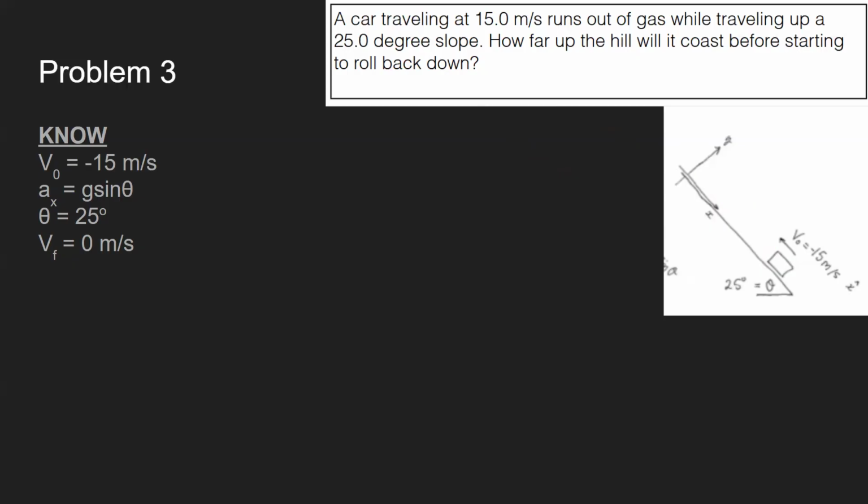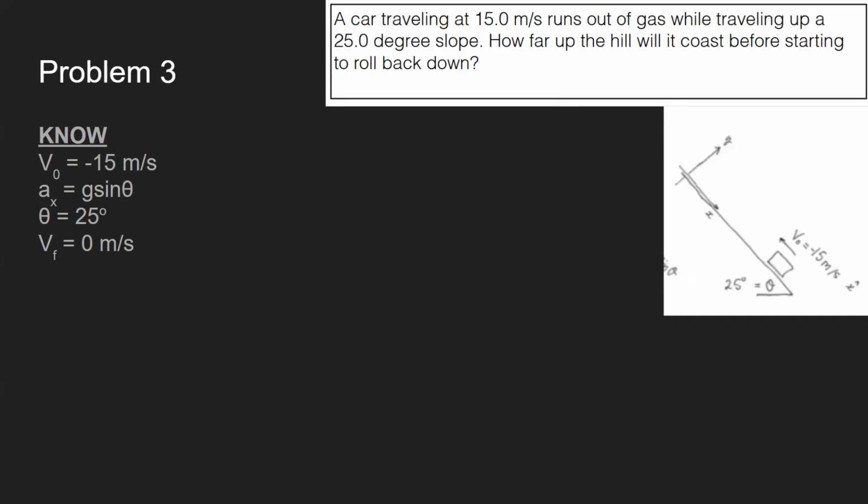If you want proof for that, you would break the components of the gravity vector and you would end up getting that, but you don't even really need to know that. All you need to know is that it's g sine theta always for AX. Angle is 25 degrees.